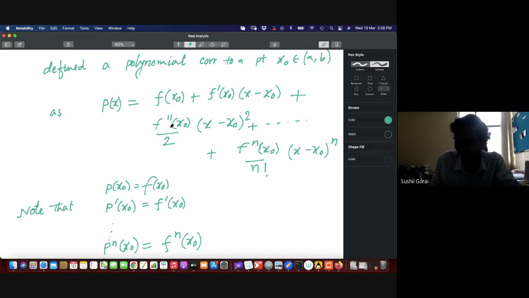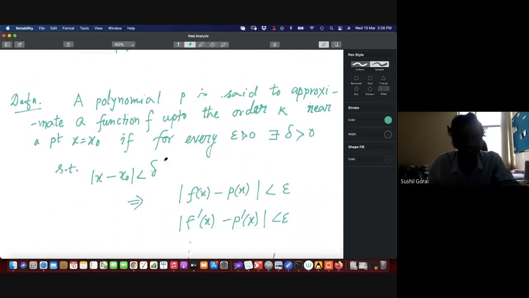Now, this f x naught is very close to f x, and that gives you p x minus f x is less or equal to epsilon times epsilon plus some constant times mod of x minus x naught, right? So that would be the first order of approximation, and that's what it is here.